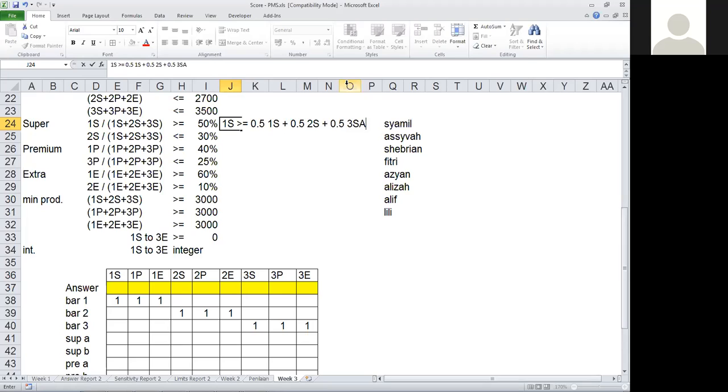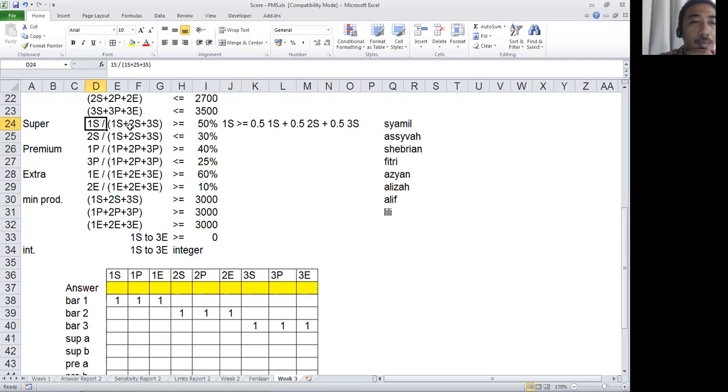Can you follow this? We put this one to the right side, so 1s still stays on the left side, and then we multiply it with 50% or 0.5. So we get 1s more than or equal to 0.5 1s plus 0.5 2s plus 0.5 3s.